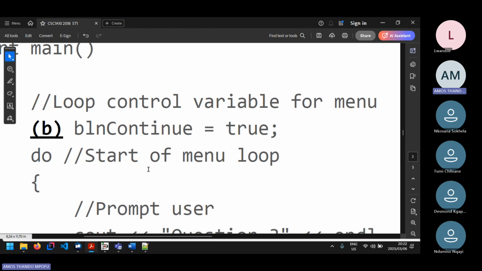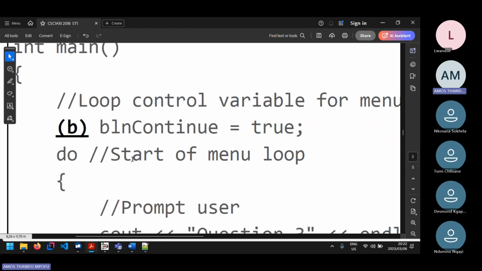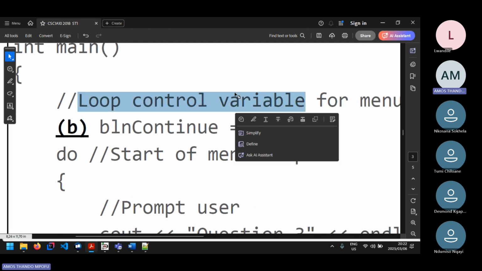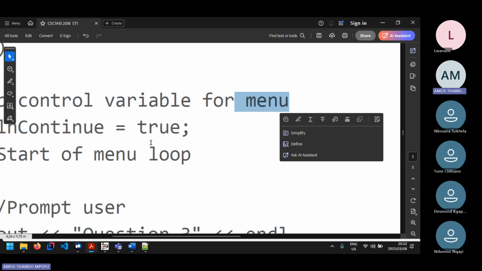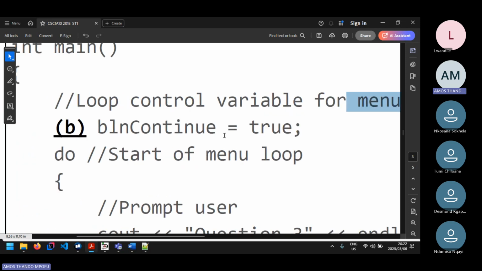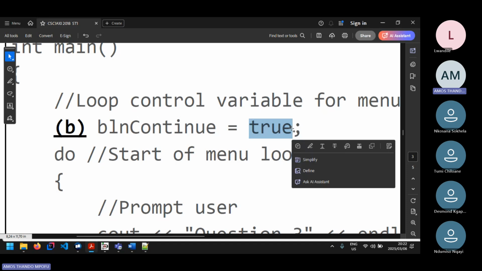And then what's missing in B? If you look at B, they told you that this is a loop control variable for the menu. That's not really important. What we need to understand is to always look at the value. To initialize a char, you put single quotes. To initialize a Boolean or bool type, you put in true or false. To initialize an integer, you put in a number without a dot.